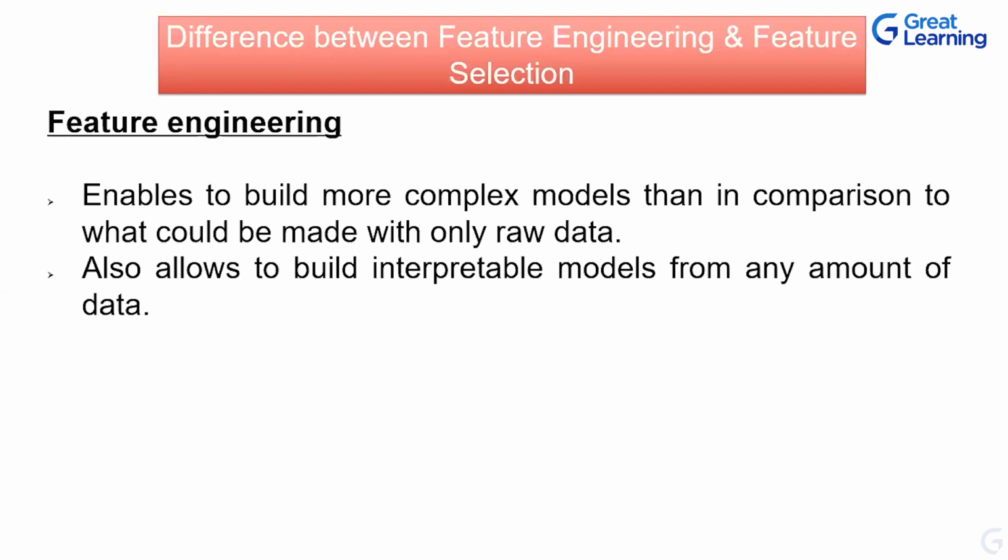I'll take a very small example here. Let's assume I have a loan default data set. I'm sure you would have seen that data set multiple times. The variables available are when the loan was taken, when the EMI was paid, when the last EMI was paid, the amount of the loan, and how many assets the individual has.